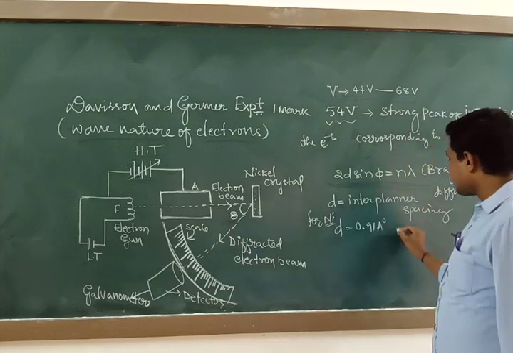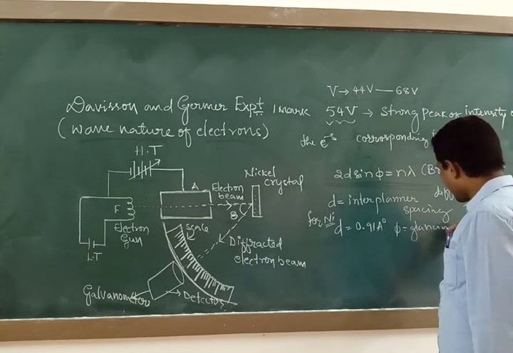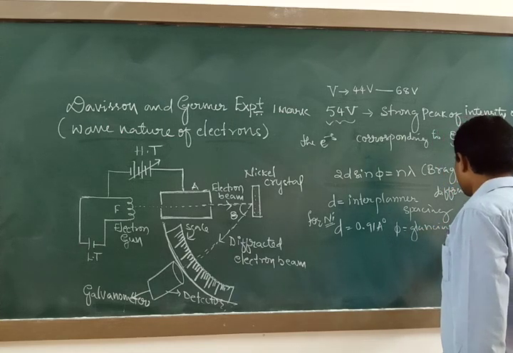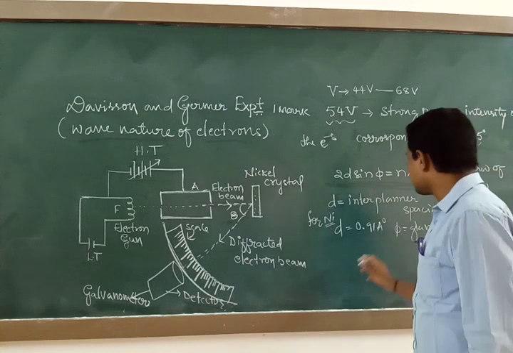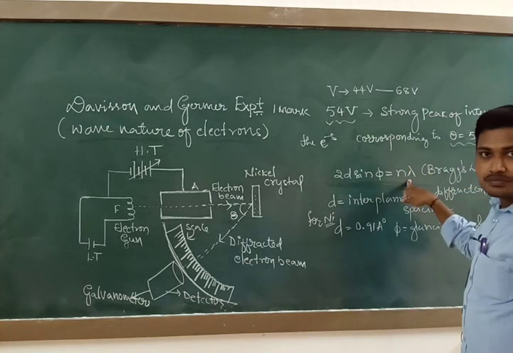And remember here, phi is called the glancing angle, and lambda is called wavelength.